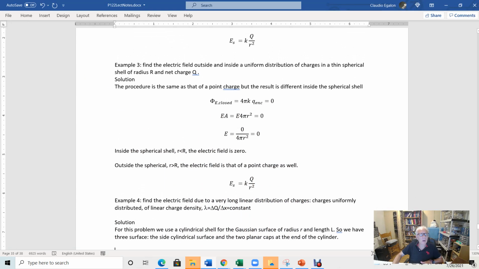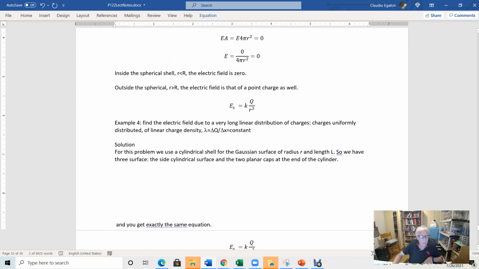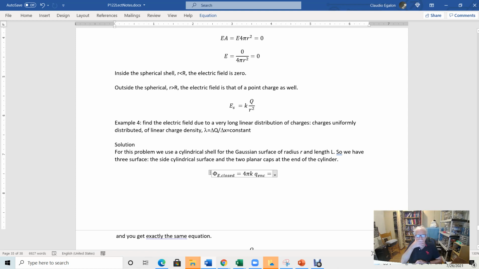Let's repeat. Electric flux of the closed surface, we get that. That's Gauss's law: 4 pi k Q enclosed. Okay, what's going to be my Q enclosed?